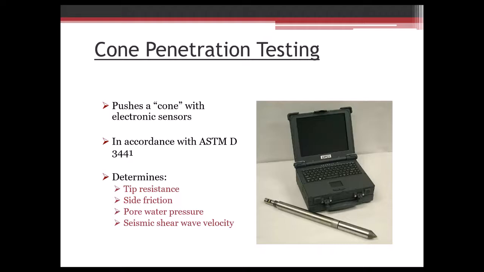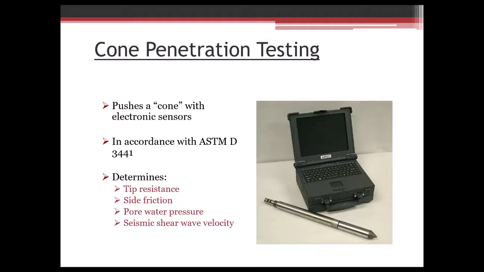And we stop at various intervals. The rods that we use to push that have a wire that goes up through them, and they're 1 meter length rods. So generally, when we're doing seismic shear wave testing, we do it at either 1 or 2 meter intervals. What we do is we stop when we get to a depth, and before we add the rod, we take a highly calibrated sledgehammer and we hit the ends of that steel I-beam to create a shear wave.